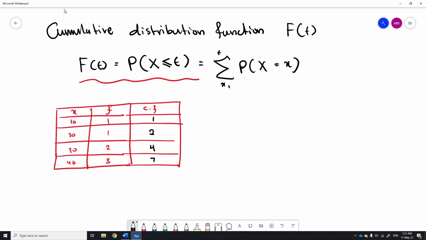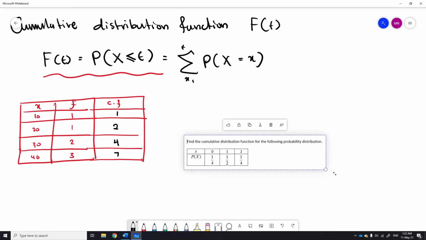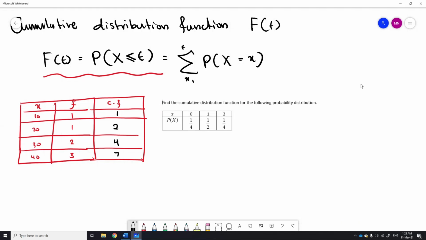Then for cumulative distribution function, it actually adds up the probability of the previous class, for example. Let's try to find the cumulative distribution function for the following probability distribution.